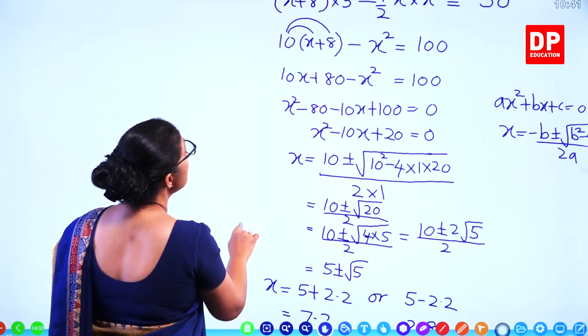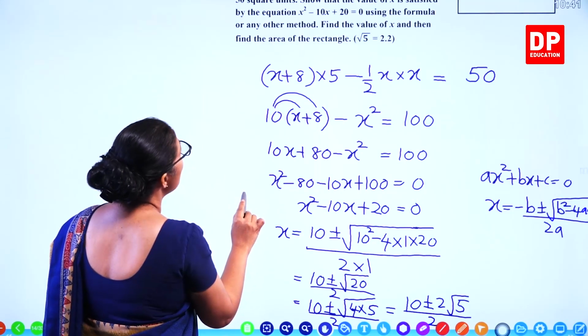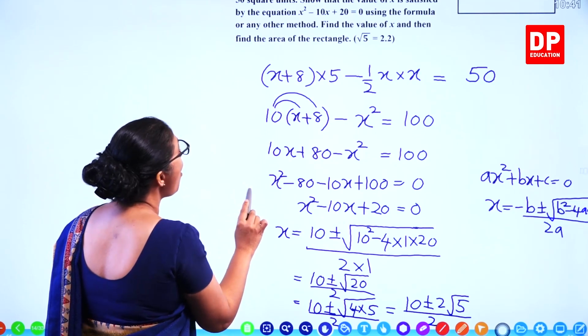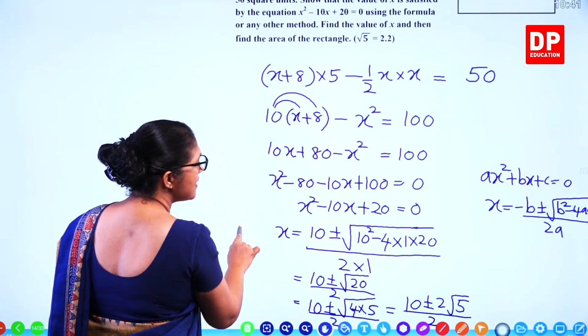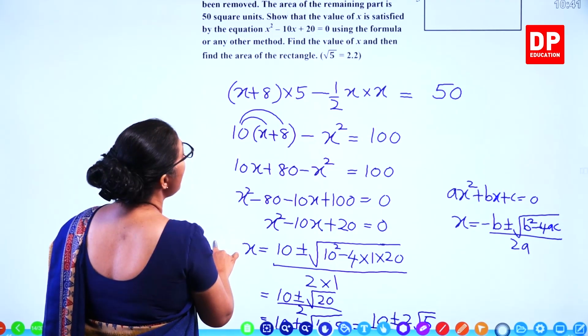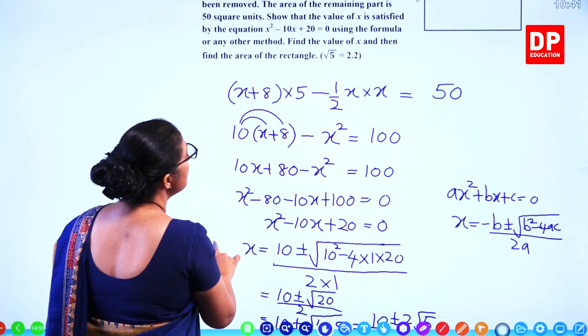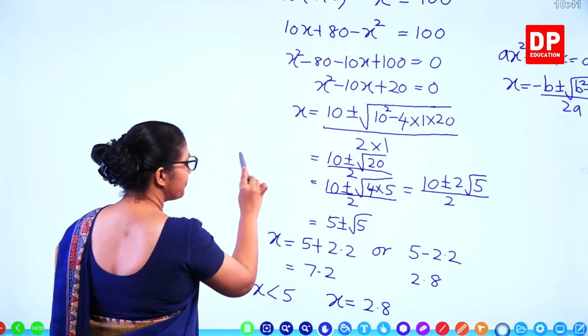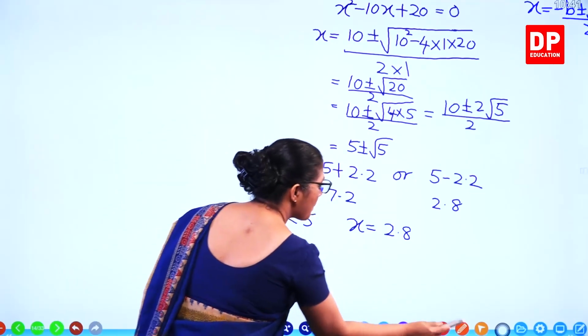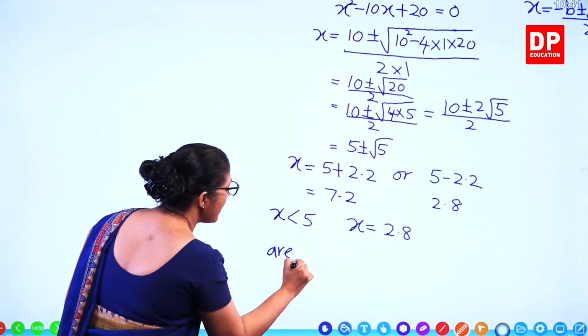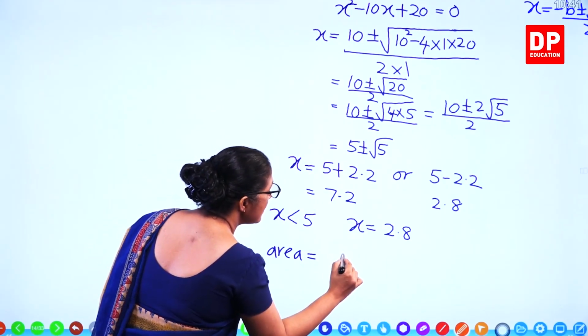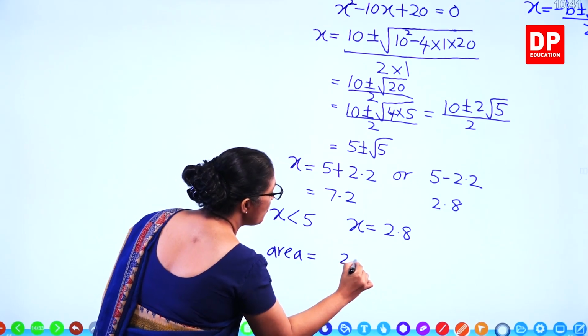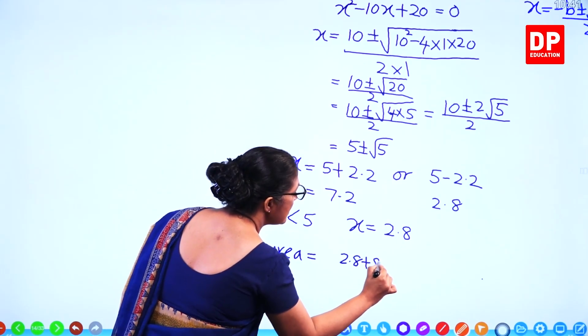What is the question? Find the value of x and then find the area of the rectangle. So what's the area of the rectangle? x plus 8 into 5. Area of the rectangle is x plus 8, 2.8 plus 8 into 5.